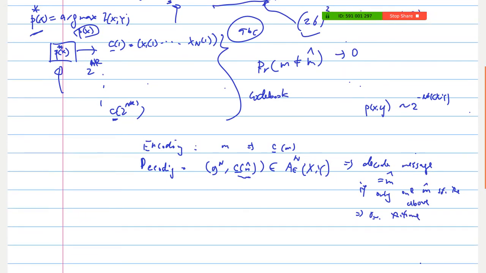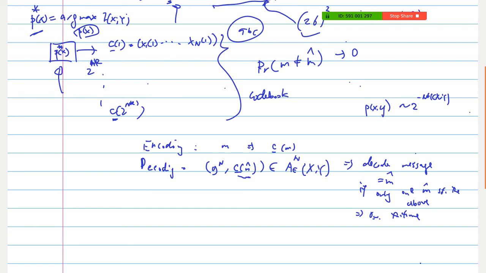We will have failure cases if you have more than one. If we cannot find a jointly typical M hat, there will be error as well.